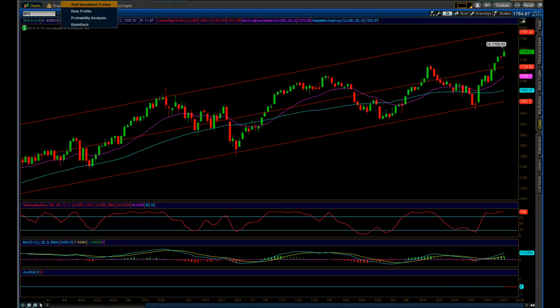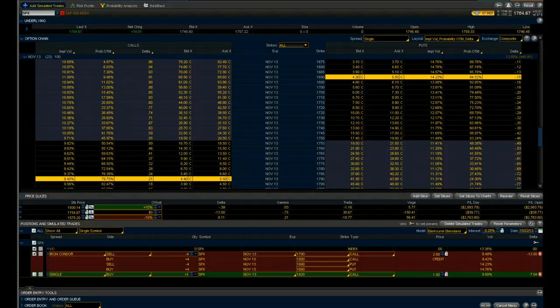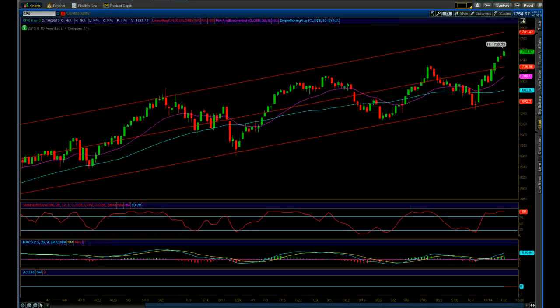So what I did was I went over to November, and I was looking on the downside. I was looking to sell a 15 delta, which was basically down at 1690. If we go back to the charts here, 1690 puts us somewhere around the 50 period moving average.